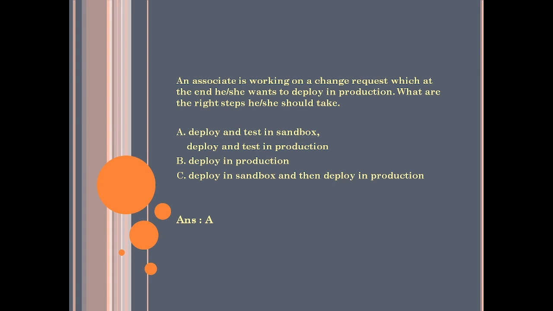Option B: deploy in production. Option C: deploy in sandbox and then deploy in production. The first option is that first we need to test in sandbox, and after that deploy in production and test. So the answer is option A.